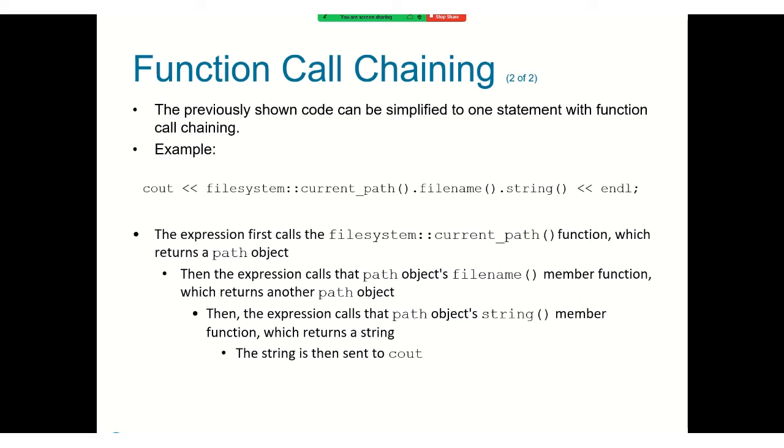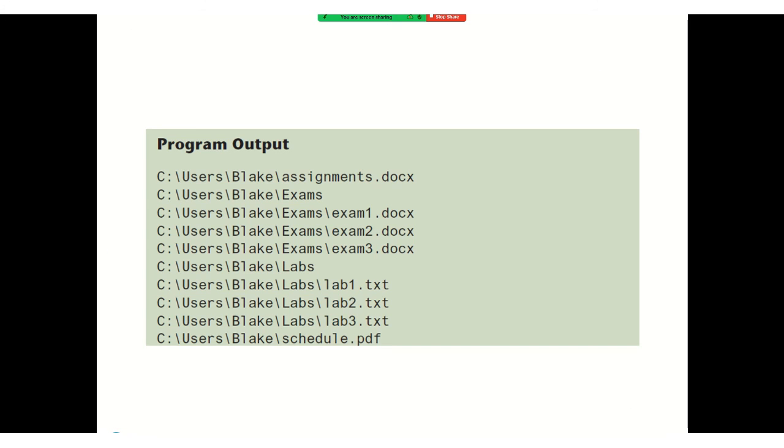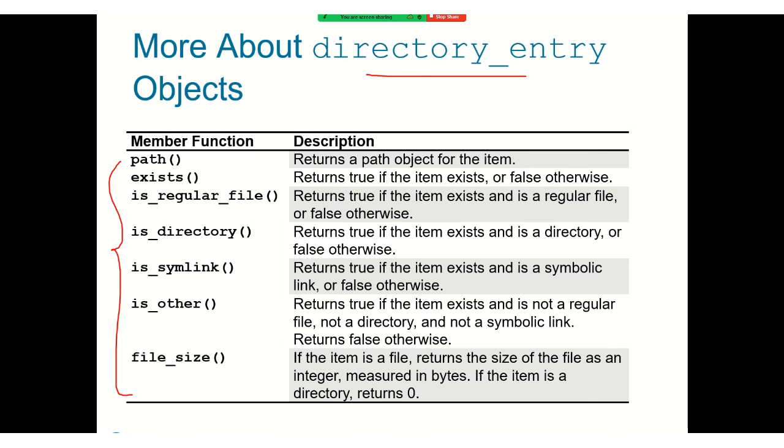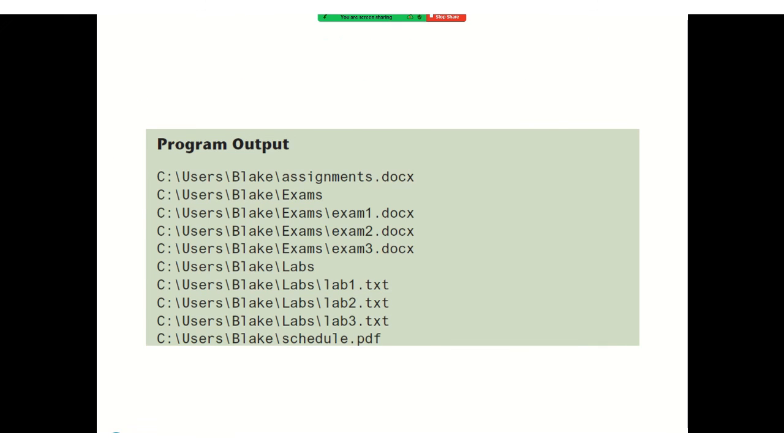There is other stuff. I'm not doing anything particularly related to function chaining, but basically you have the file system current path, then you have the file name, then you have the string, so you are chaining your function calls. What I recommend is to go through the file system API and write some code by yourself, get yourself familiar.